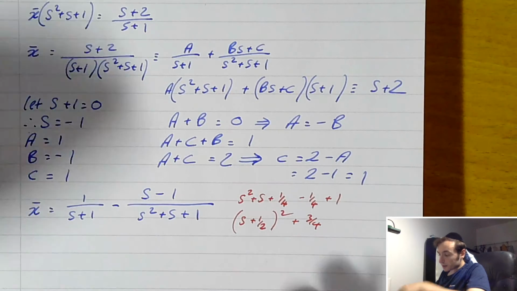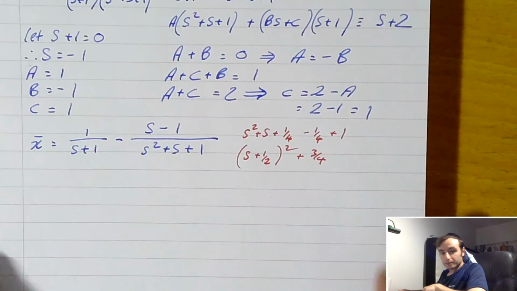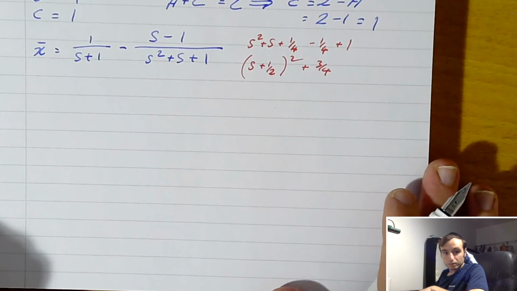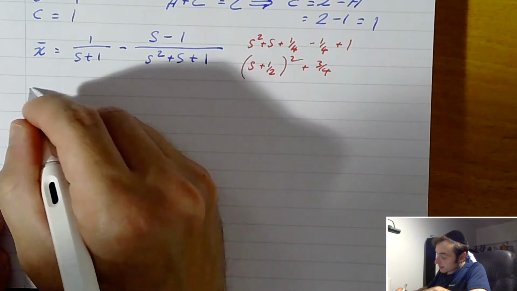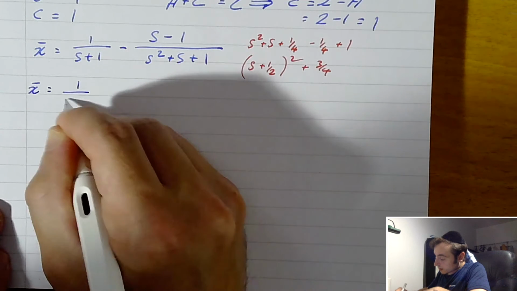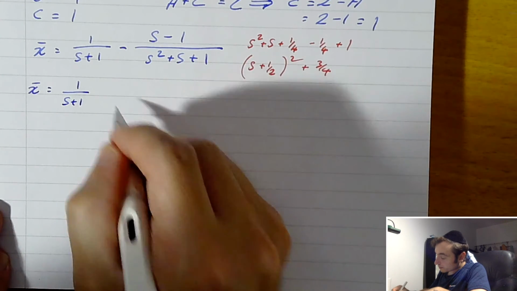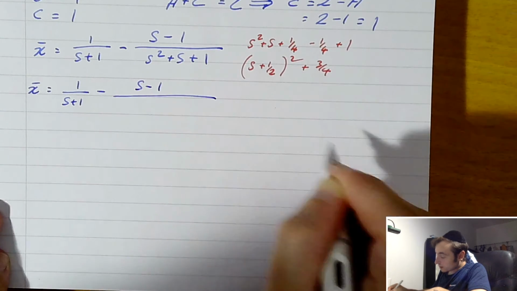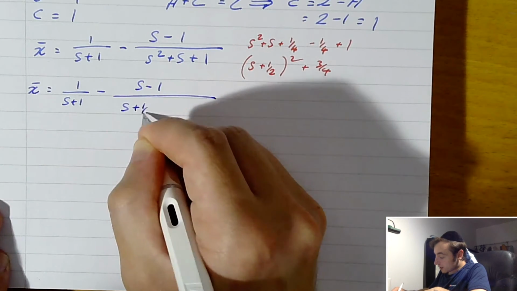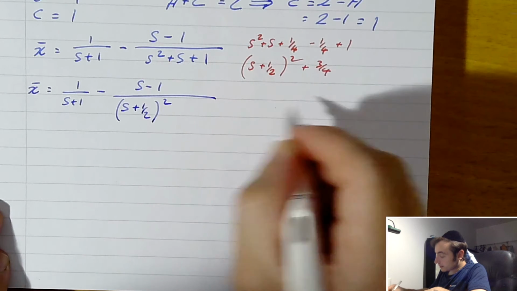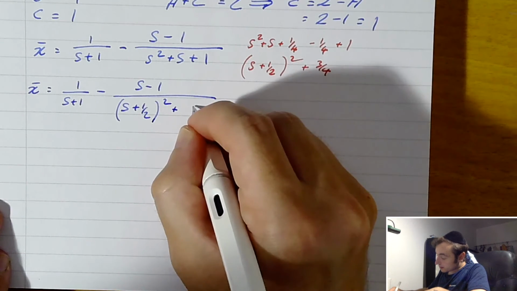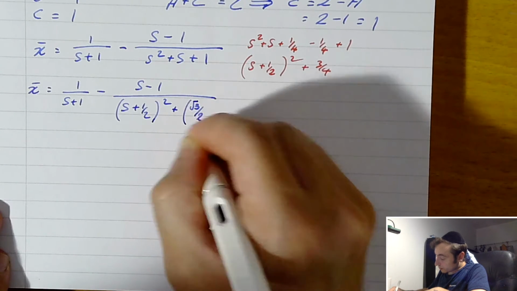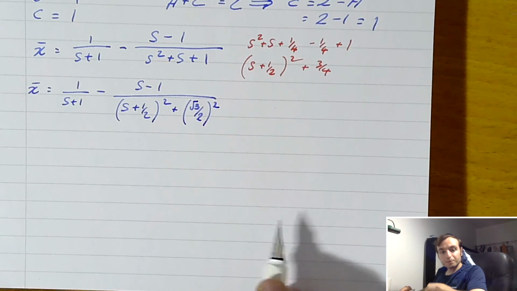So we can now say x bar equals 1 on s plus 1 minus s minus 1 all on s plus a half squared plus root 3 on 2 squared.